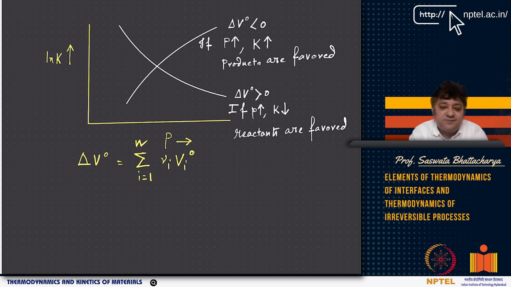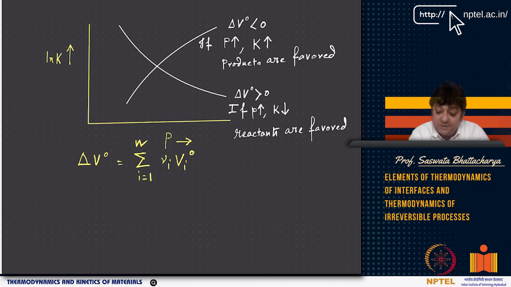So it is the difference between products and reactants. If ΔV0 is greater than 0, that means the products have more volume. Now if pressure is increasing, you want to reduce the equilibrium constant, so that the effect of increasing pressure is nullified.